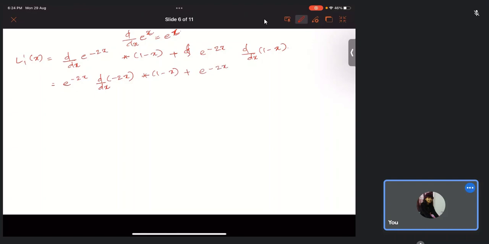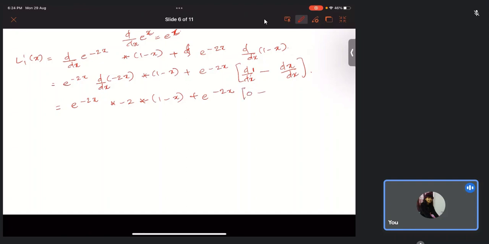This is e raised to minus 2x, d by dx of minus 2x is minus 2, into 1 minus x, plus e raised to minus 2x times d by dx of 1 minus x, where the differential of 1 is 0. The differential of any constant value is going to be 0.